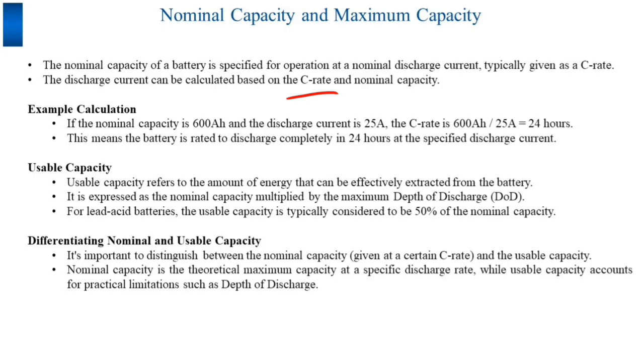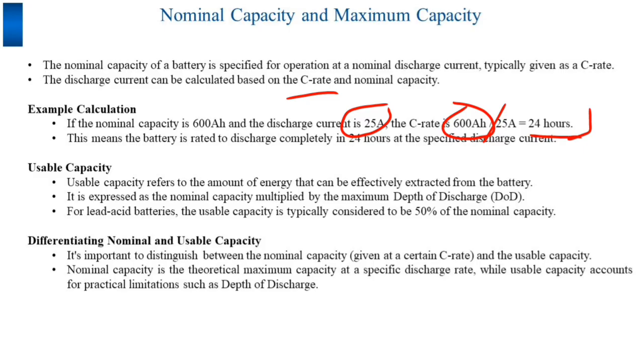For example, if the nominal capacity of a battery is 600 Ah and the discharge current is 25 amperes, the corresponding output will be 24 hours if you divide 600 Ah by 25 amperes.